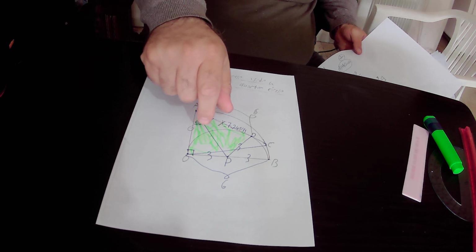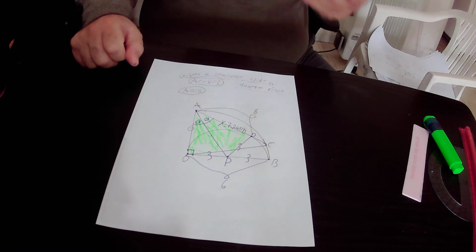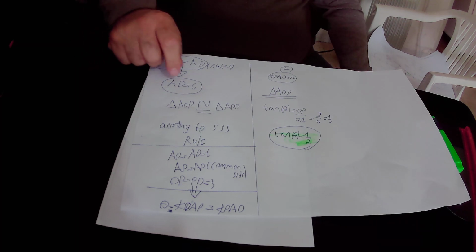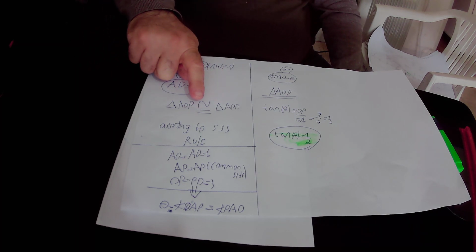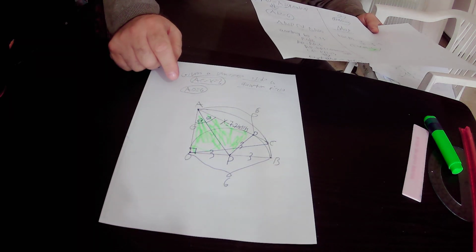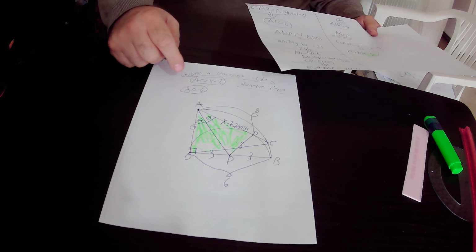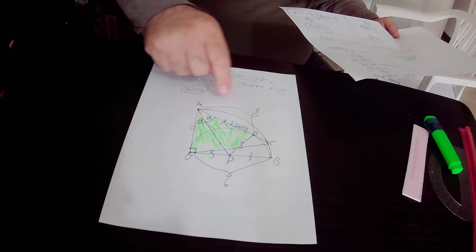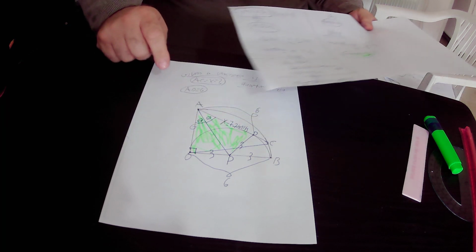Now, the two green triangles are congruent according to the side rule. I repeat, triangle AOP is congruent to triangle APD according to the side rule. I will explain why. First of all, AO equals AD equals 6 units according to rule number 1.